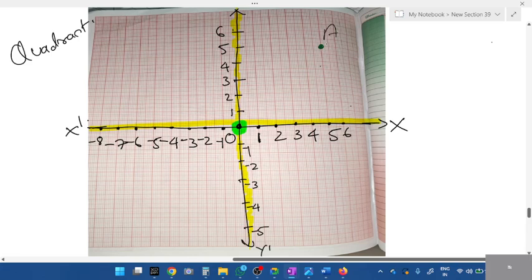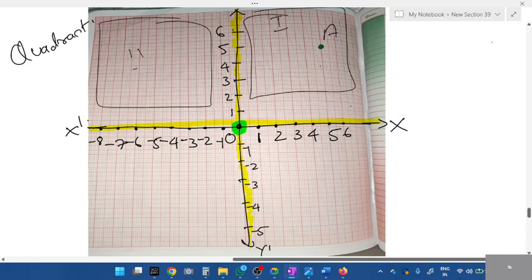All of you will respond. Did I plot it on the line or quadrant? Quadrant. Which quadrant is this? This entire thing is the first quadrant, this one is second, and this one third and fourth.